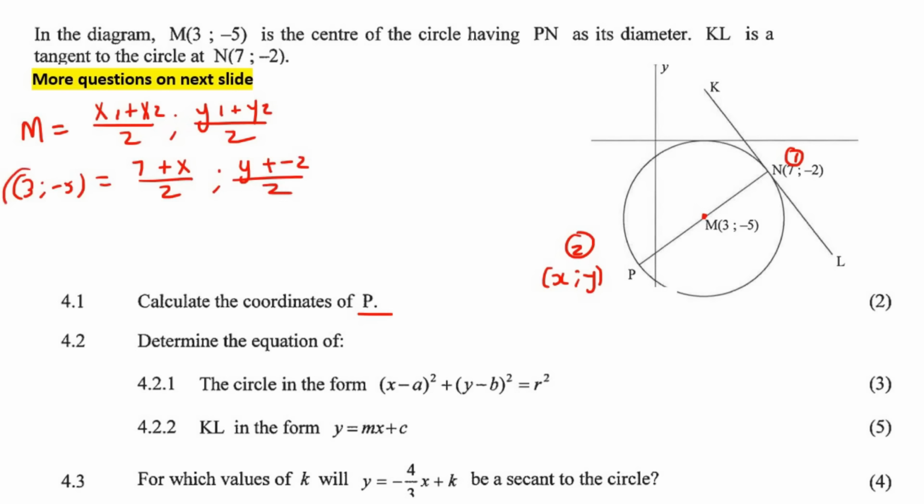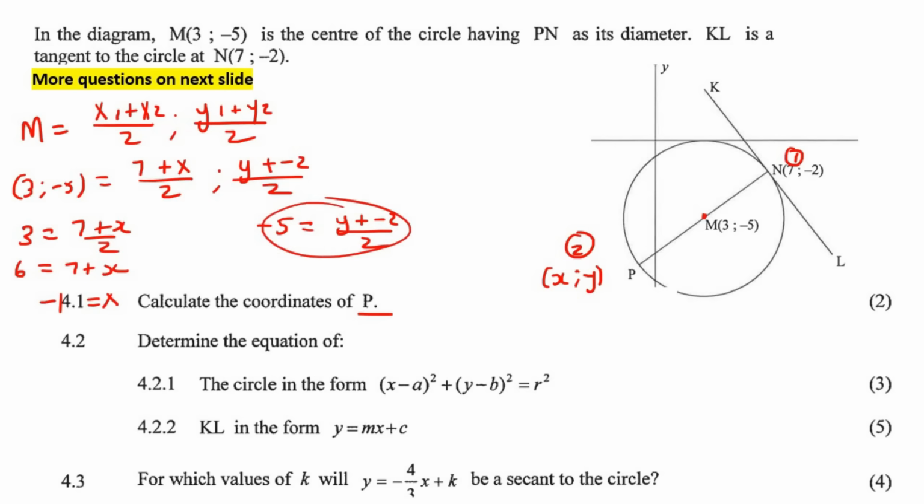Okay, so the 3 must be the answer for this part. So we can then say 3 must be the answer for that part. And then the minus 5 must be the answer for that part. So the way that we solve this now is I'm going to take this 2 and multiply it over. So we're going to say 6 equals 7 plus X. And then you can solve for X and you would end up with negative 1.